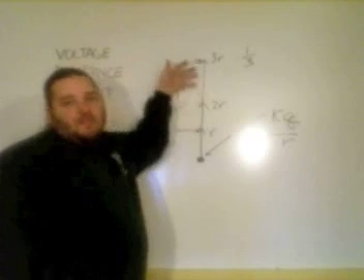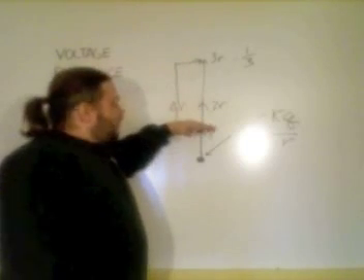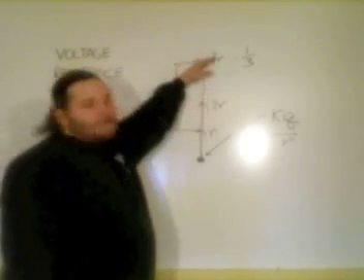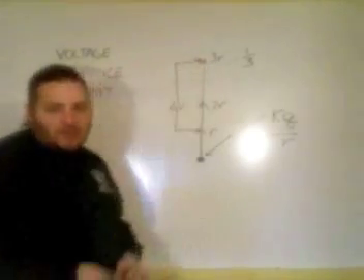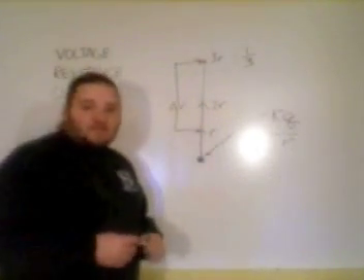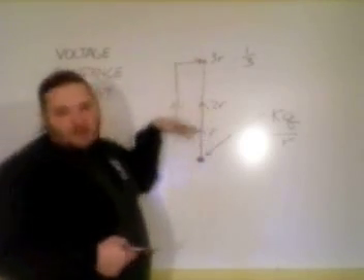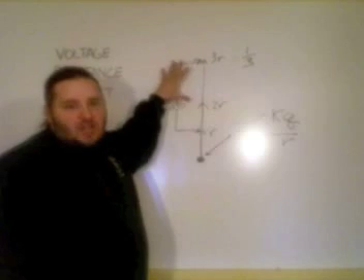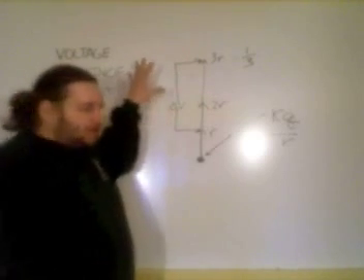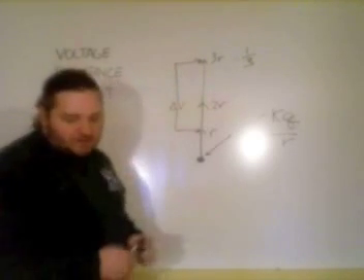If this point is our initial point and that point is our final point, we're referring to a change of potential of half. Half of my potential is gone. Going the other way, I've doubled my potential. So that's voltage. It's that change in potential. When we refer to voltage, we're referring to how much that potential changes.